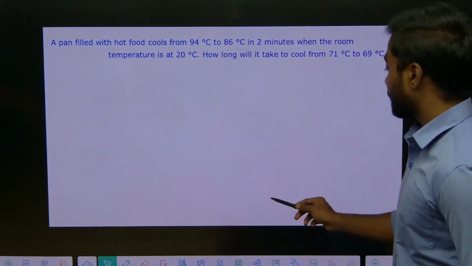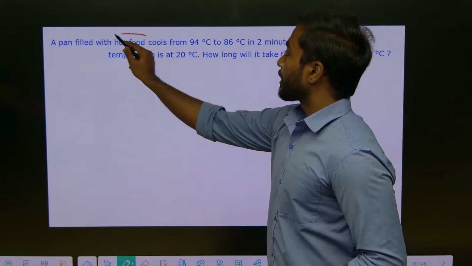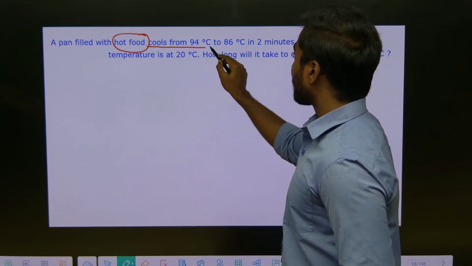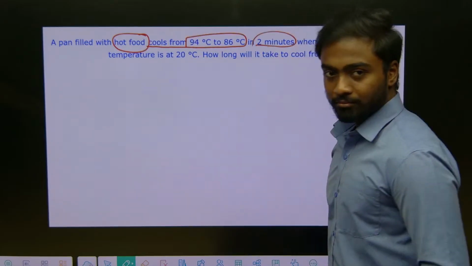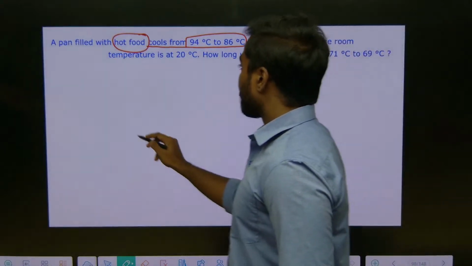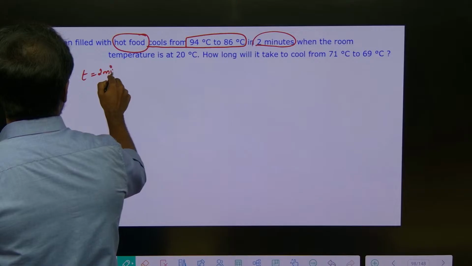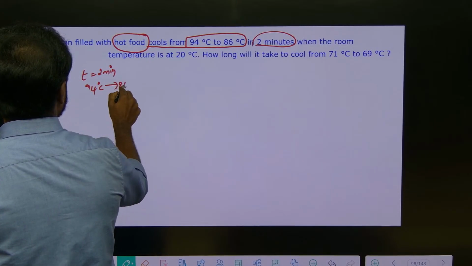Keep this point: there is hot food, and it has cooled from 94 degrees Celsius to 86 degrees Celsius in 2 minutes. The time they have given is t equals 2 minutes, and the temperature goes from 94 degrees Celsius to 86 degrees Celsius.